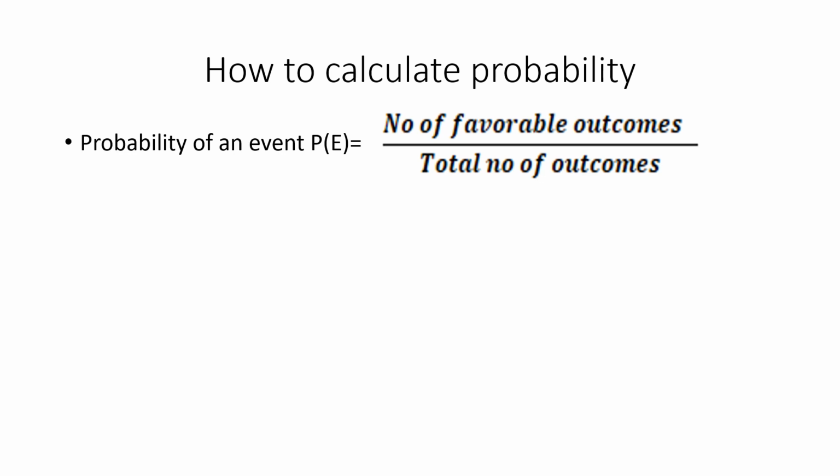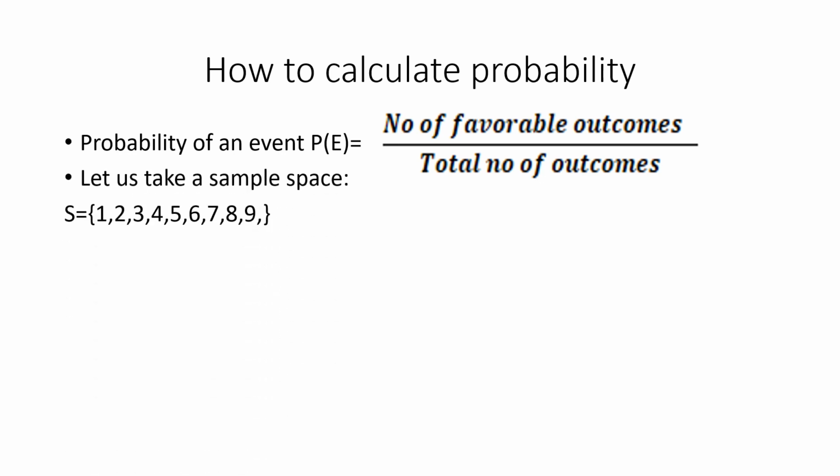The total number of outcomes is nothing but the sample space, and whatever we are trying to get as the favorable outcome is the choice that we are making out of all the possible outcomes for an experiment.